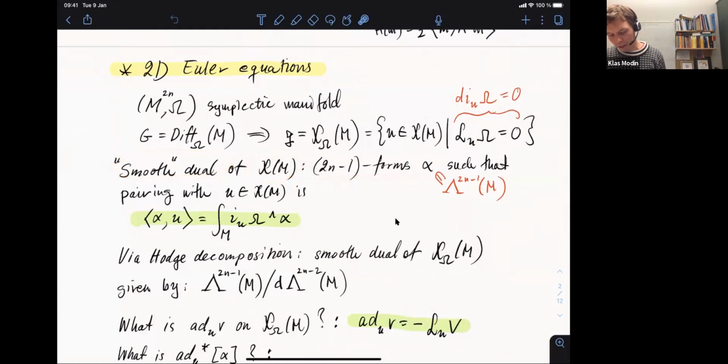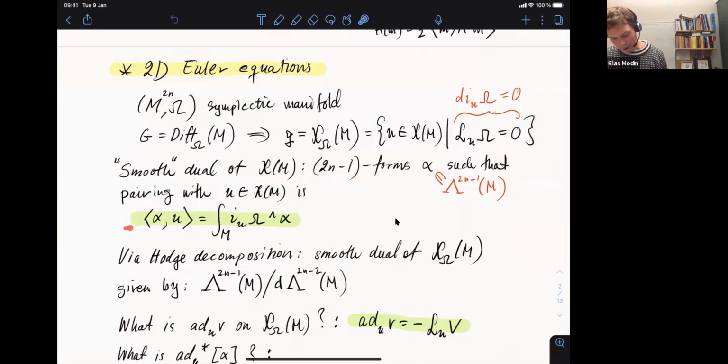Because once you have an integral, that's the natural way of pairing a vector field with something. Once you have an integral and a volume form. And if you're on a symplectic manifold, you always have a volume form, right? So we identify the smooth part of the dual with 2n minus 1 forms, okay?